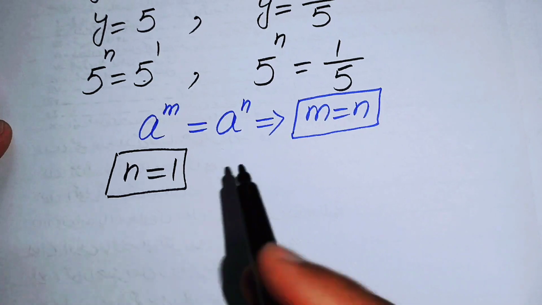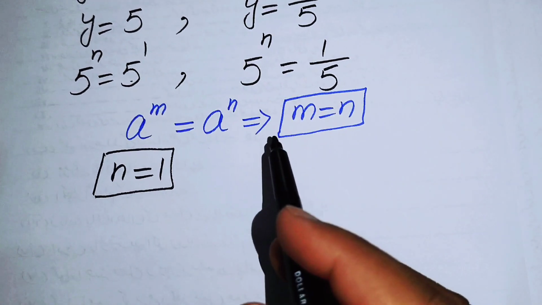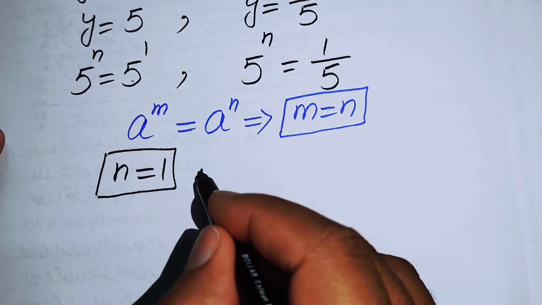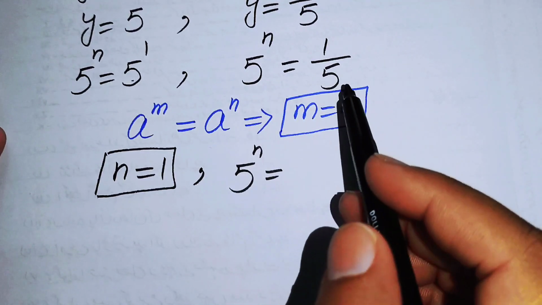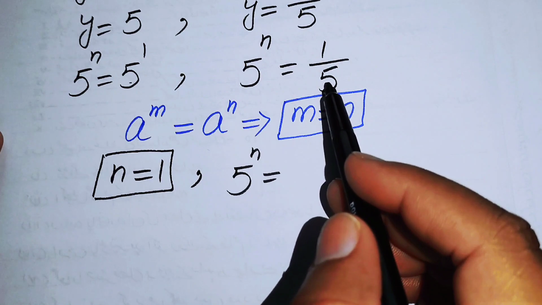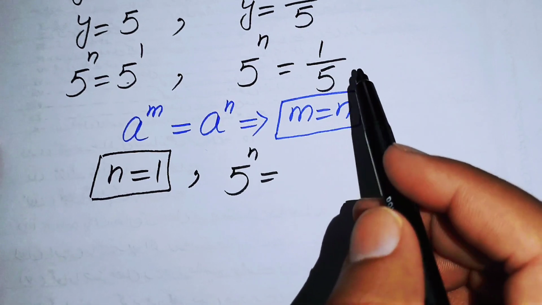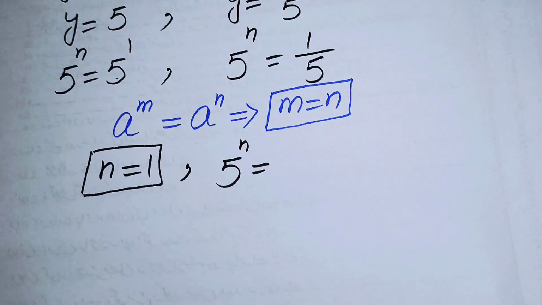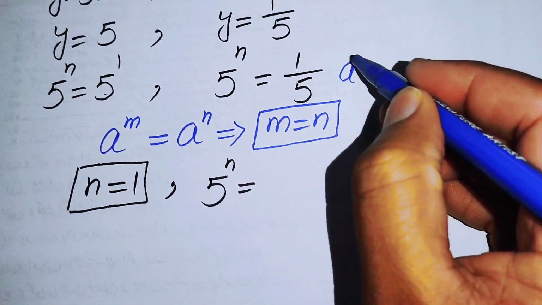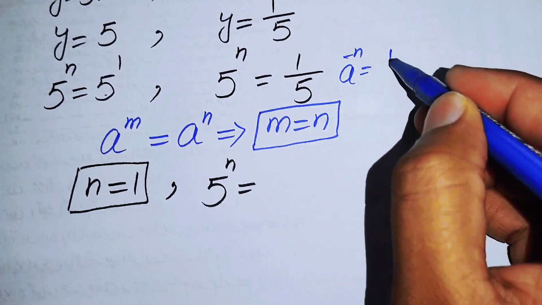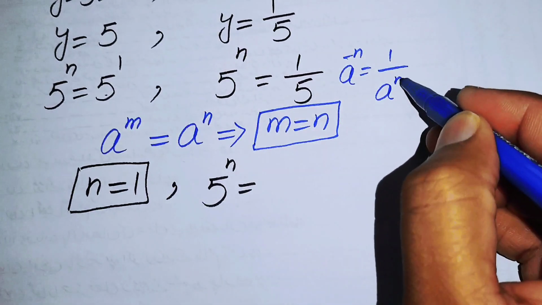Similarly we will solve the second case, and in the second case first I will simplify a little bit, and you get 5 to the power of n is equal to 1 over 5 to the power of 1. Now first I can use another exponential law, and I can also explain this law. If you have a to the power of minus n, it is equal to 1 over a to the power of n.